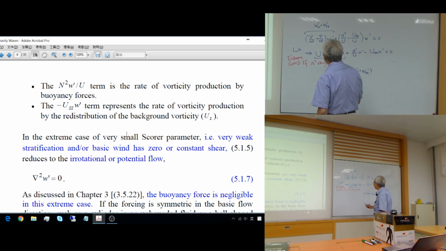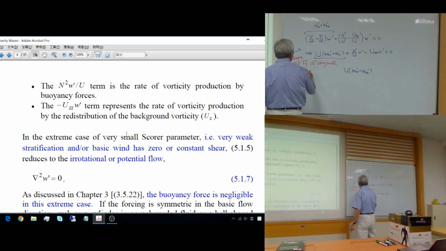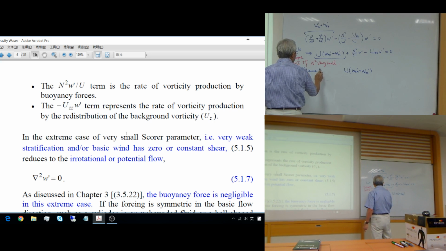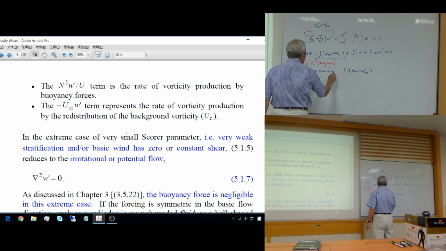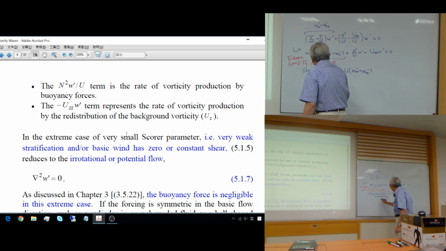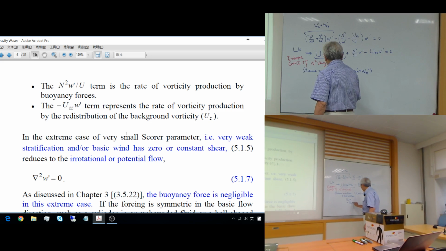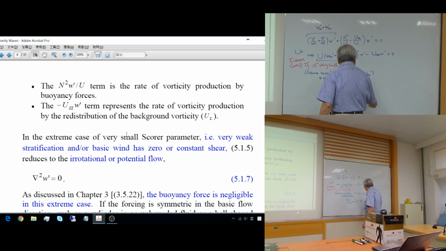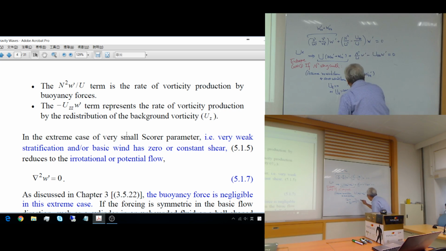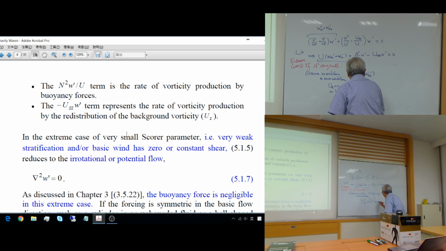Also we assume no wind shear, or constant wind shear. That means Ug is equal to 0 or Ug is constant, and both of them give us Ugg equals 0.